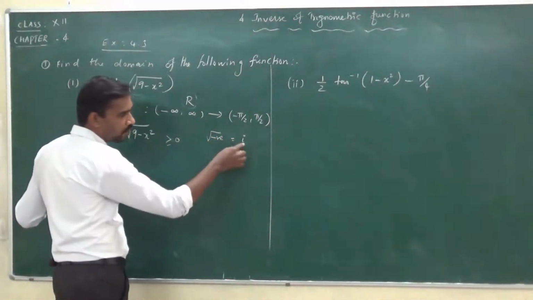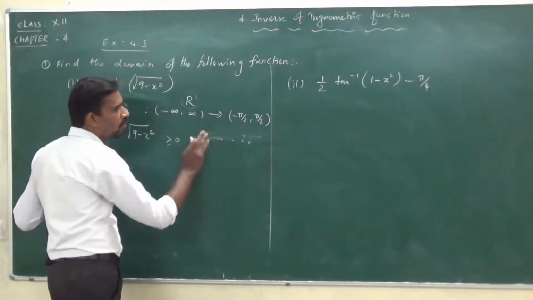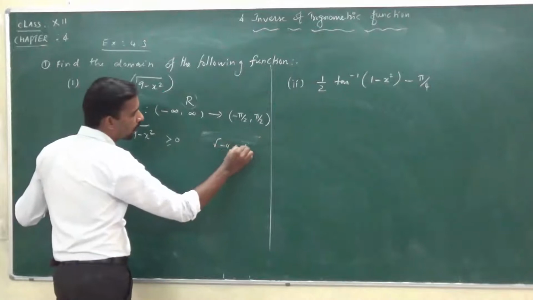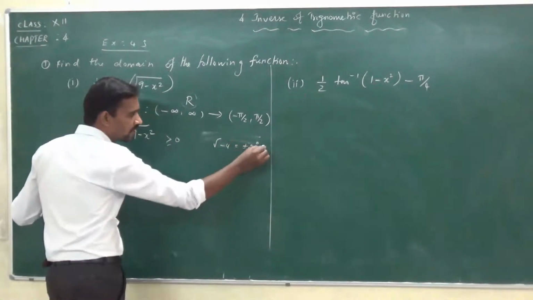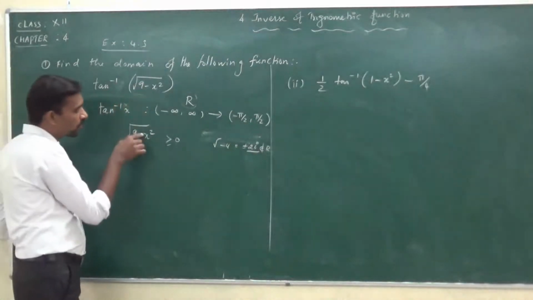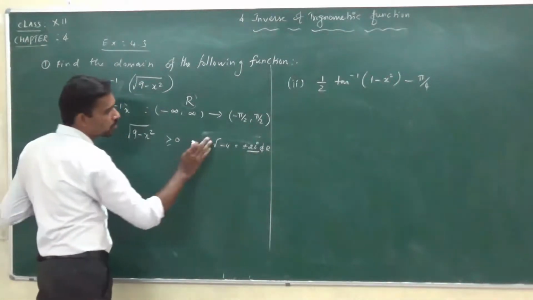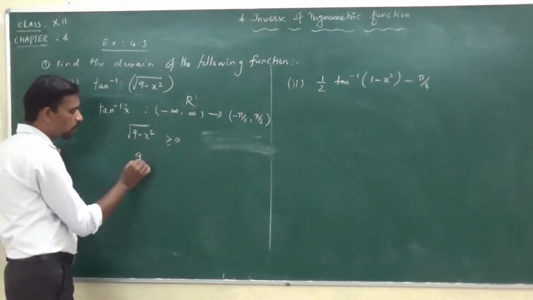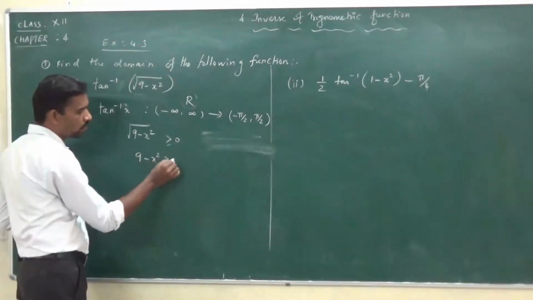For example, root of minus 4 can be written as plus or minus 2 into i, so it does not belong to R. So the function in the root must be greater than or equal to 0. Now square on both sides, so you get 9 minus x square greater than or equal to 0.